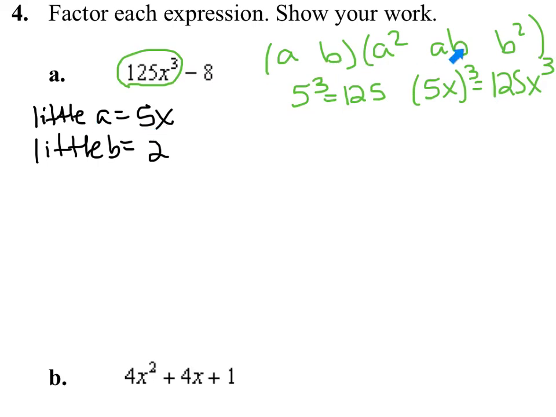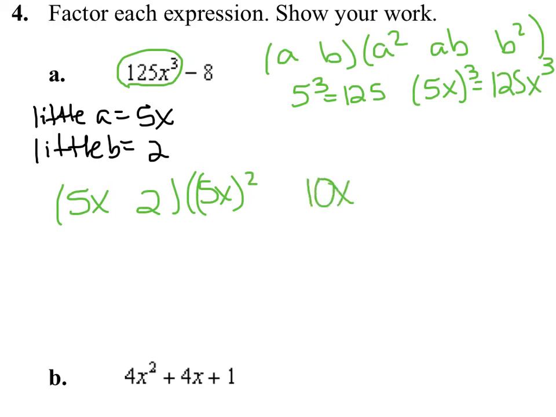Everywhere I see a b, I'm going to put a 2. So that would be 5x, 2, and now 5x quantity squared, and then 5x times 2 is 10x, and then 2 squared is 4. So this is not simplified yet because I still have to go in and do SOAP.